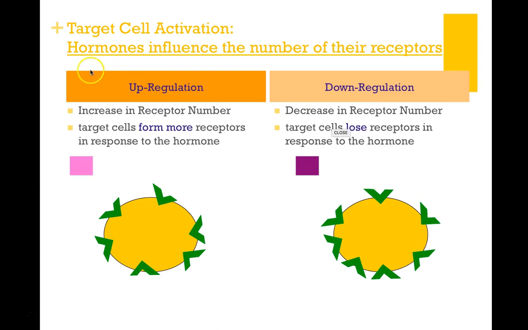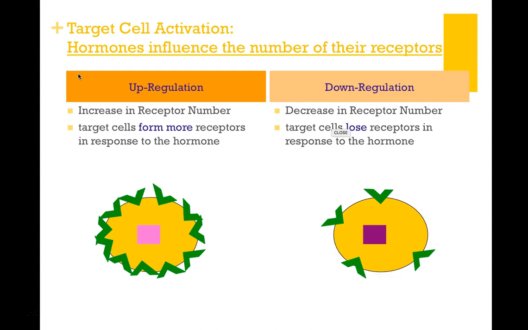If we get a hormone that comes over, goes inside our cell, and through its cellular response, we can form more receptors. If we have downregulation, our hormone can enter into the cell and cause a decrease or desensitization of our receptors here.